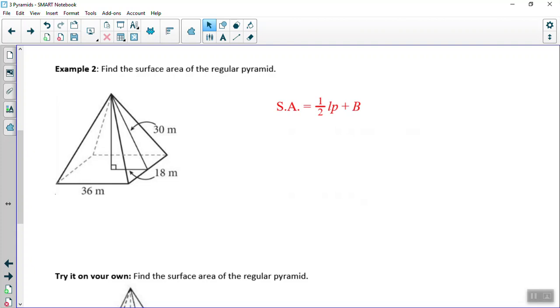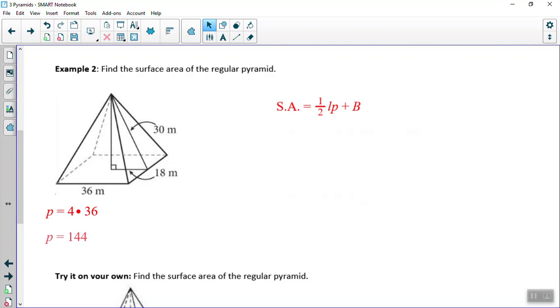All right, so again, I need to do a couple little calculations up front. I need to first find the perimeter of the base and the area of the base. So the perimeter of my base is going to be 4 times 36. So the distance of one length is 36 times 4.